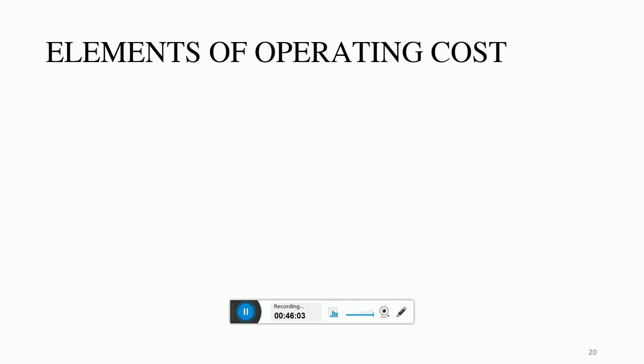But now let's see what the operating costs are. When we have ownership of an equipment, we have seen what type of costs we have to bear. But now when we are operating that machine, what elements does the operating cost have?